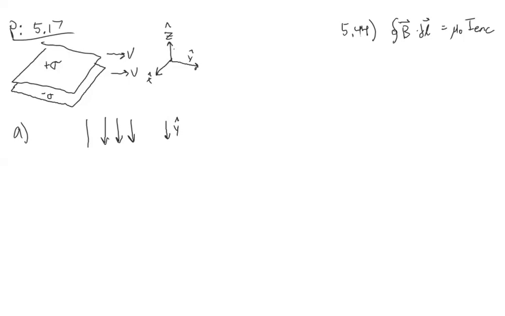What we can do is use an Amperian loop around this current where this distance is L. And we would have that B times 2L is equal to mu naught I enclosed. Now, if we have a surface charge, sigma, traveling at a speed v, then our surface current is K equals sigma v.